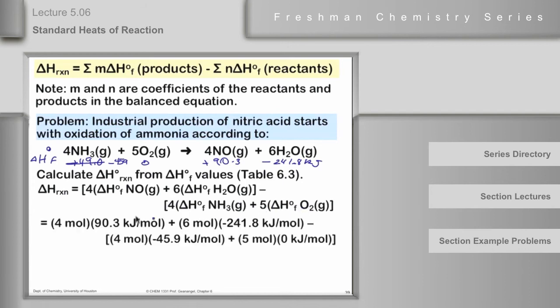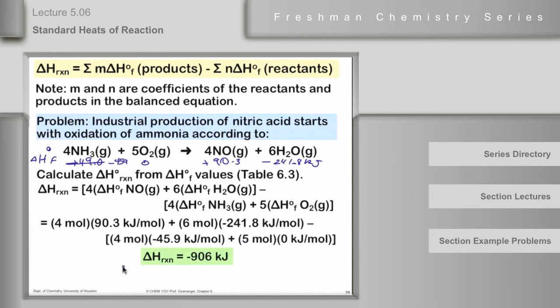We put in the numbers, 4 times 90.3 plus 6 times negative 241.8 minus 4 times negative 45.9 plus 5 times 0, and the number comes out minus 906 kilojoules.